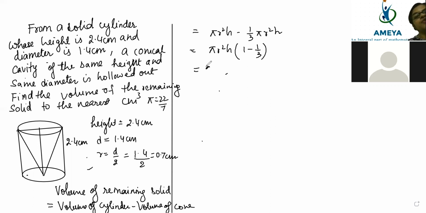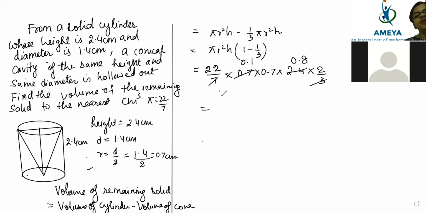So now write it as 22 by 7. Radius given is 0.7 into 0.7. Height given is 2.4. And here after solving, this one will become 3 minus 1, that is 2 by 3. So this 3 will cancel 2.4 to give 0.8, and this 7 will cancel 0.7 to give 0.1.